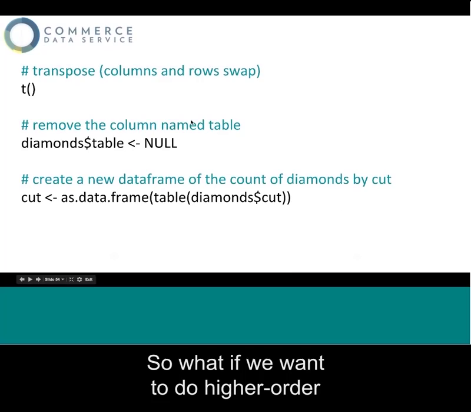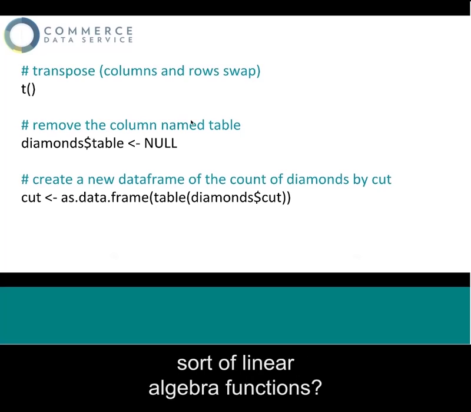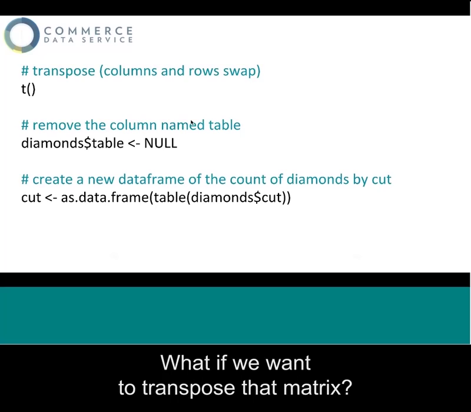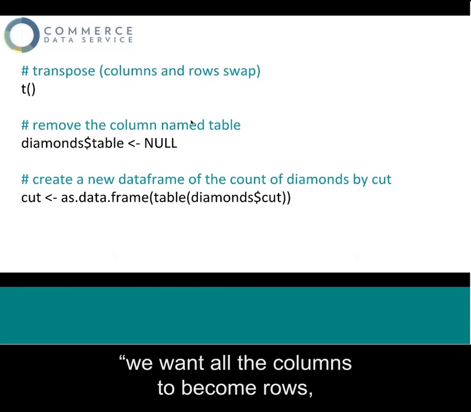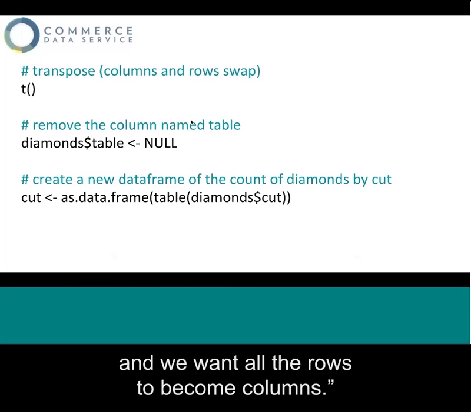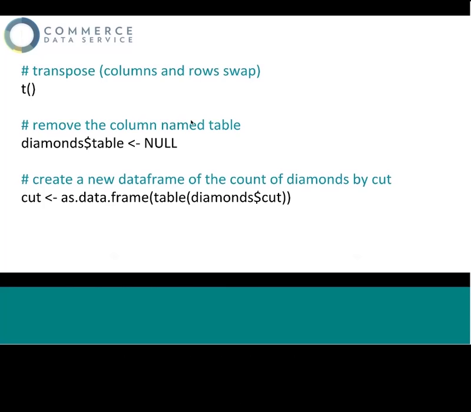So what if we want to do higher order sort of linear algebra functions? What if we want to transpose that matrix? So for people who aren't familiar with transpose, it's basically saying we want all the columns to become rows and we want all the rows to become columns. How would we do that?